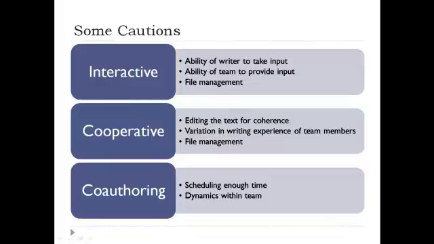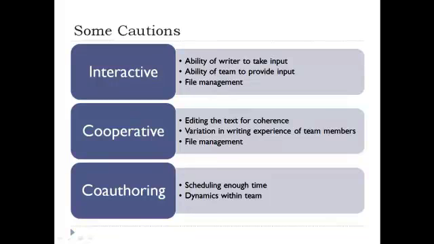In the cooperative style, everybody goes off and writes their part, but when you bring all of those pieces back together, you don't want to have a Frankenstein monster, so you want to make sure that somebody is going through and editing that document for coherence and consistency.